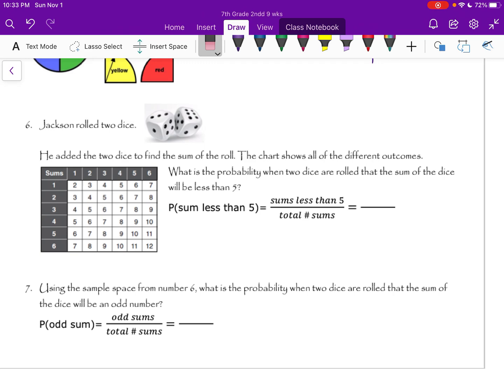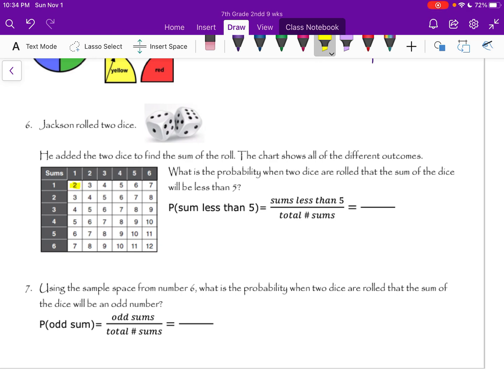All right, let's look at the question. It says, what is the probability when 2 dice are rolled that the sum of the dice will be less than 5? So the probability is the sum is less than 5. So let's look at all the numbers, all the sums, I should say, that are less than 5. Because we're not going to include the numbers in gray, because those aren't the sums. Those represent what's on the die.